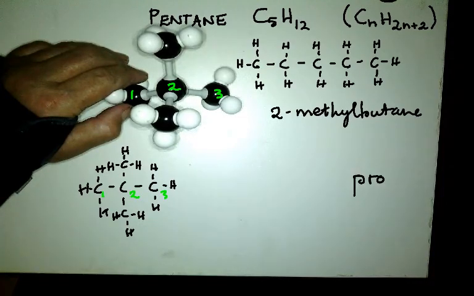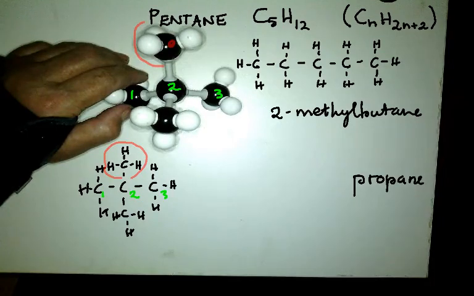Okay, there is a methyl group joined to the second carbon. So that is a methyl group there. This one is my methyl, that one. And there's another methyl group joined also to the second carbon. There it is.